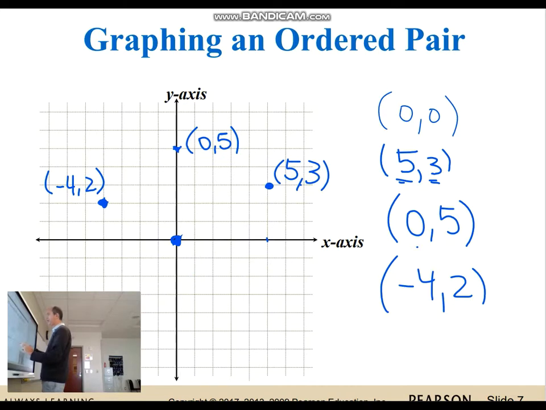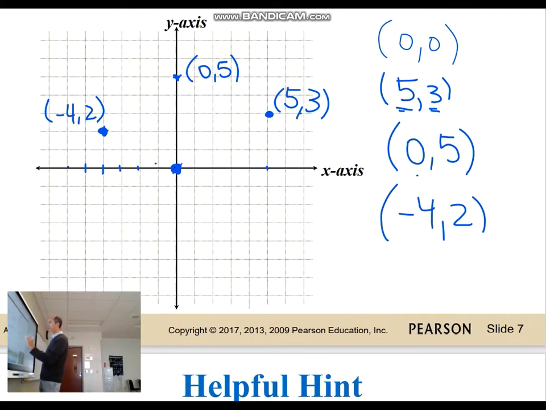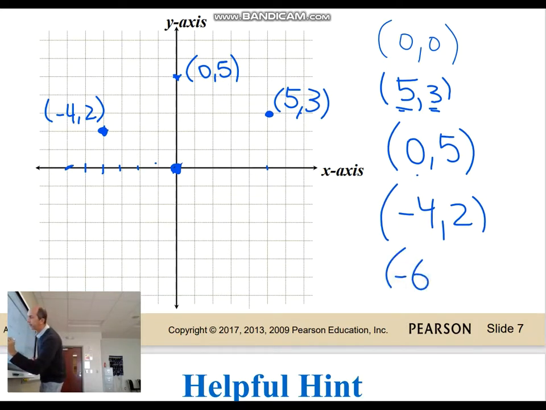From the origin, we're going to move -6 units, which is 6 units to the left. 1, 2, 3, 4, 5, 6. And 0 up. We're not going to move up or down because y equals 0. So -6 and 0 is going to be right here.